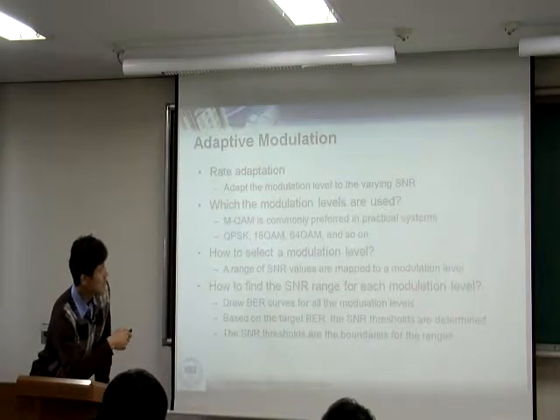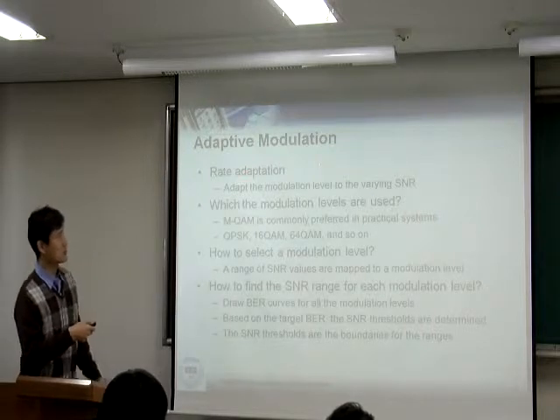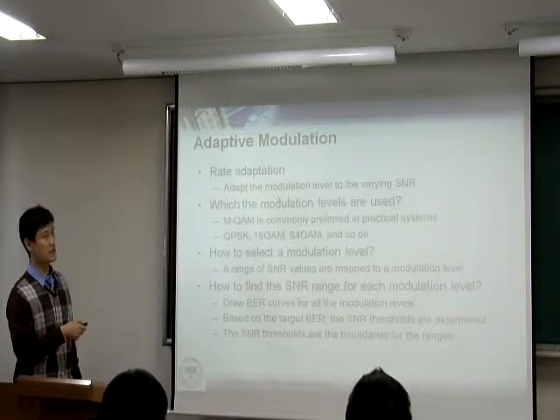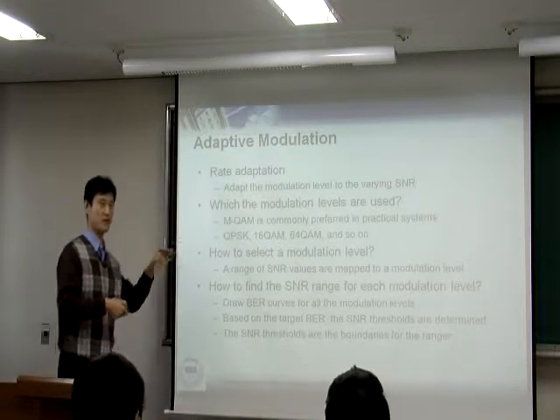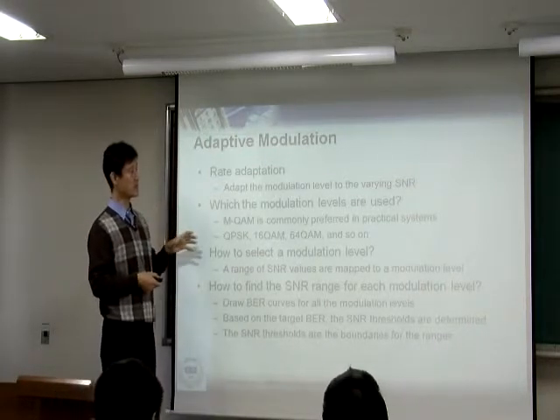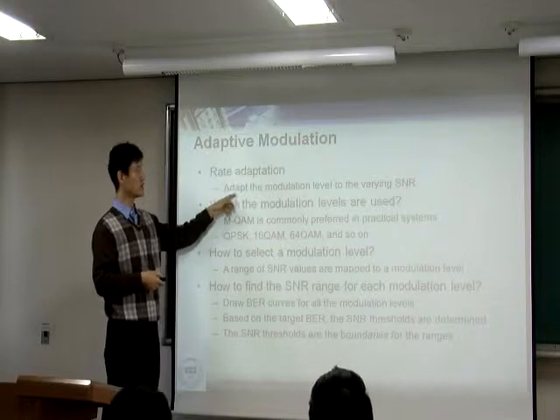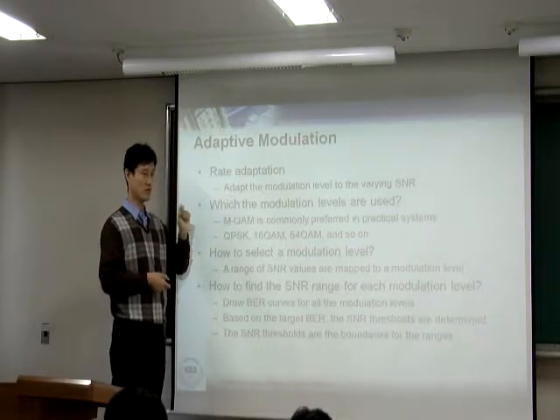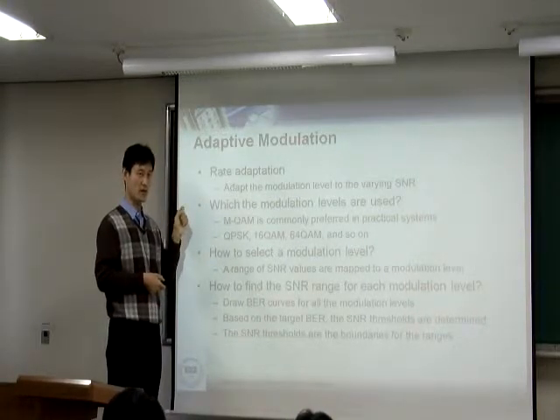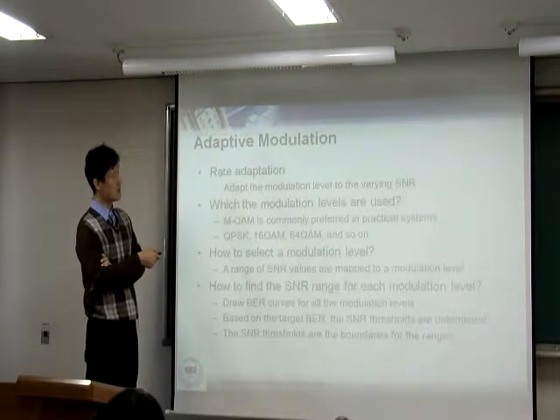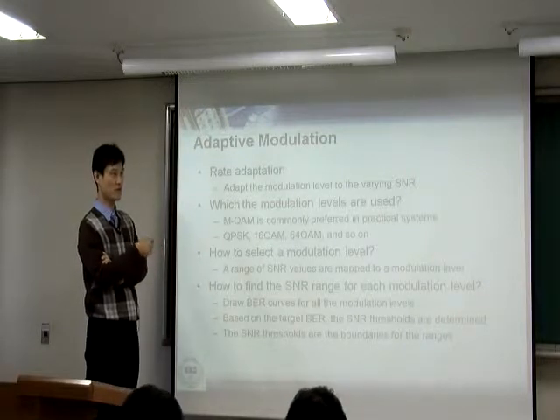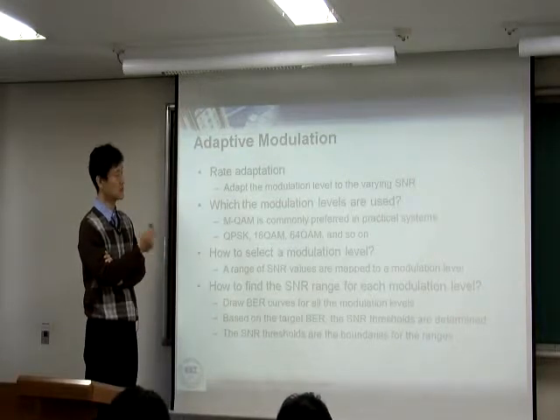As you see here, rate adaptation tries to adapt the modulation level depending on your varying SNR. Whenever you look at this channel, depending on the instantaneous SNR, you apply some modulation level for that instant time. Now the question is, how do you decide which modulation level is used for a particular channel condition?